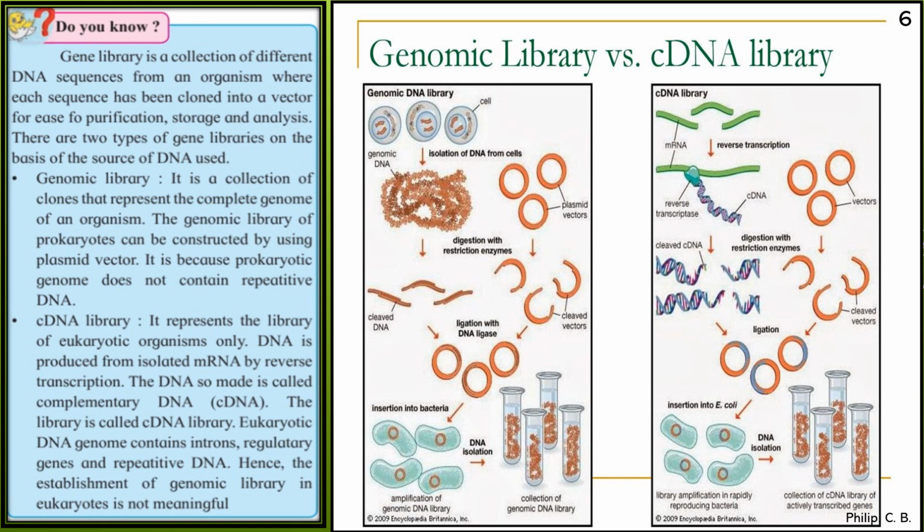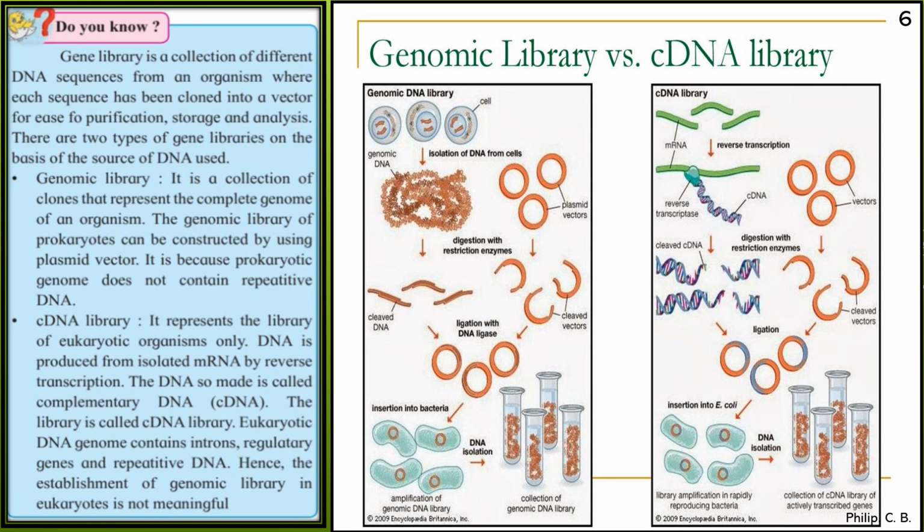You can see the isolation of DNA from cells, and simultaneously the plasmid vectors undergo digestion with the restriction enzyme, cutting a particular site in the plasmid DNA. The cleaved DNA is joined using DNA ligase, the glue, and then inserted into a bacterium for amplification of the genomic library, followed by collection of the genomic library by DNA isolation.